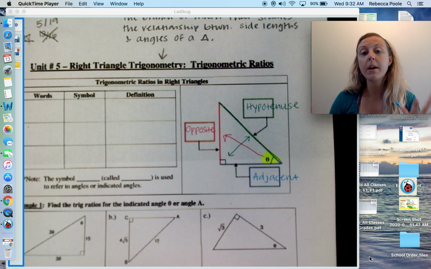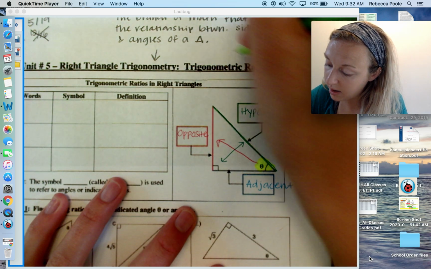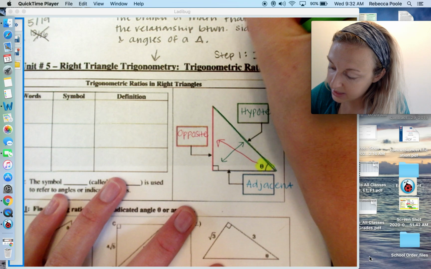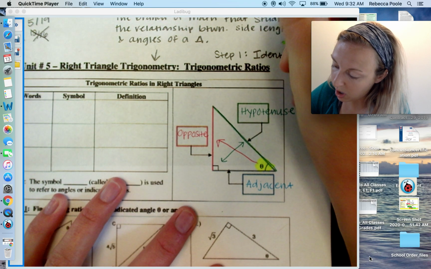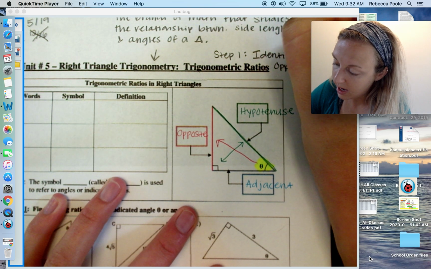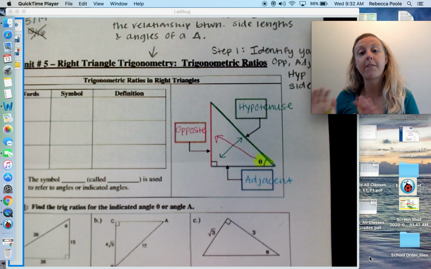So it's important when you're doing all of this to first, I'm going to put step 1 right here, identify your opposite, adjacent, and hypotenuse sides, okay? That's your first step.